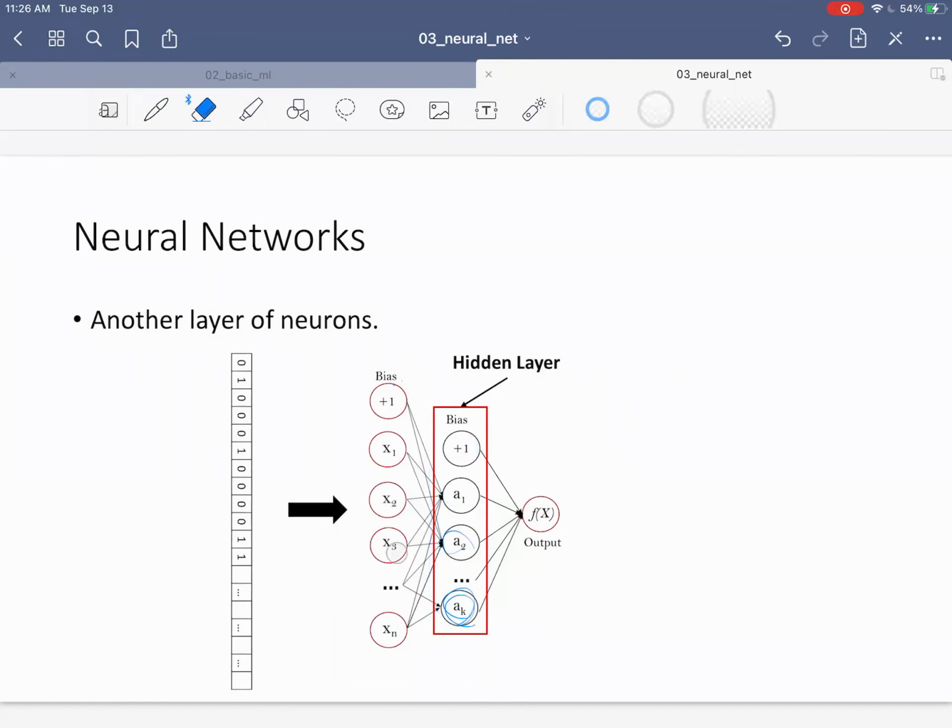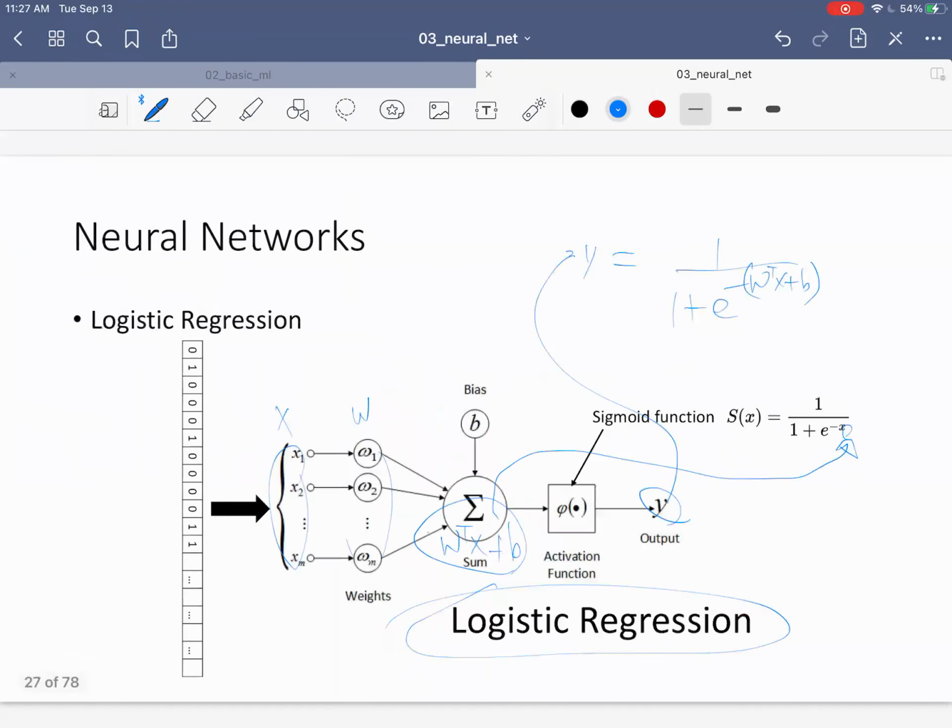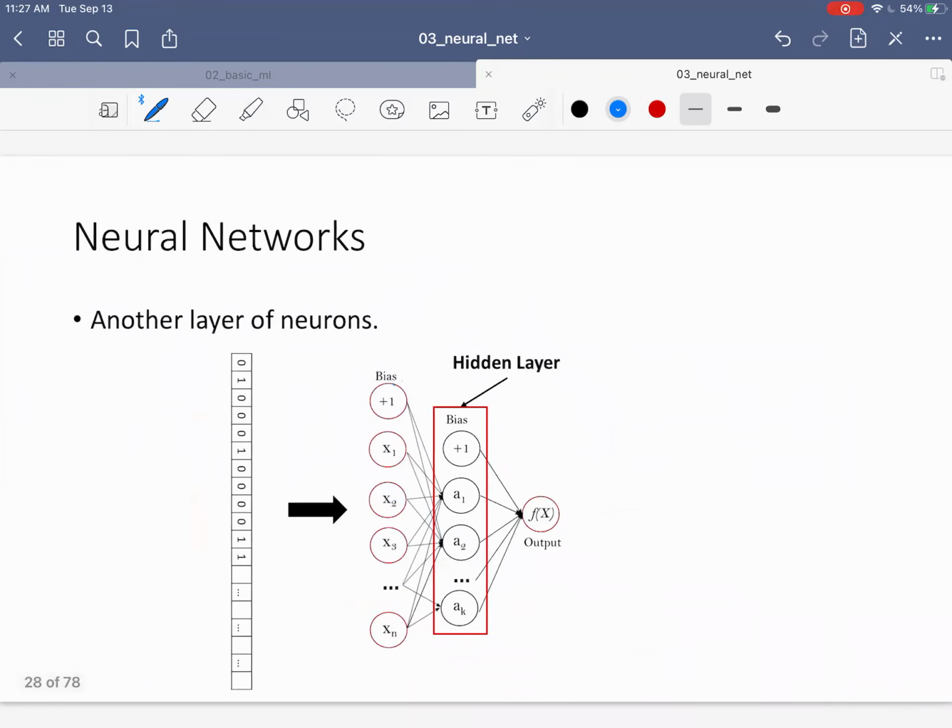When you do that, you can see the connections have become way more complicated. Before, it was just x times w all accumulated in the neuron, and that was the end of the computation. But now the w transpose x is propagated here, also propagated here, also propagated here.